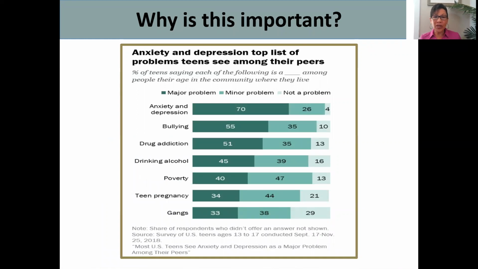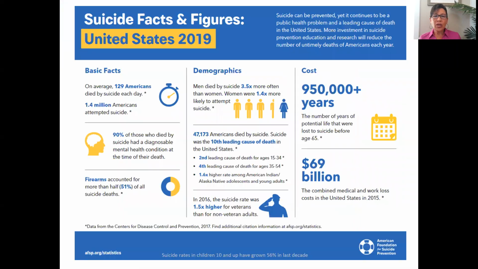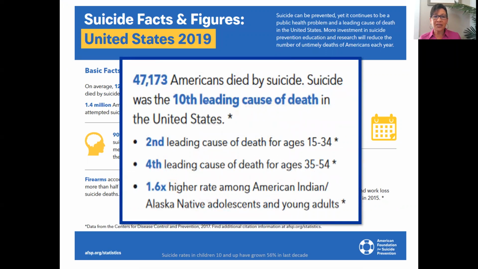Why is this important? Well, in a 2018 study, it was found that 70% of teenagers believe that anxiety and depression are a major problem amongst their peers. We also know that suicide is the leading cause of death for people ages 15 and up. And for children ages 10 and up, suicide rates have increased by more than 50% in the last decade.